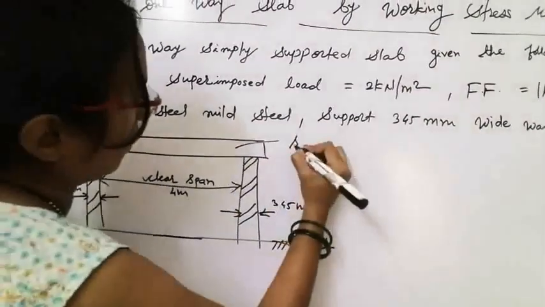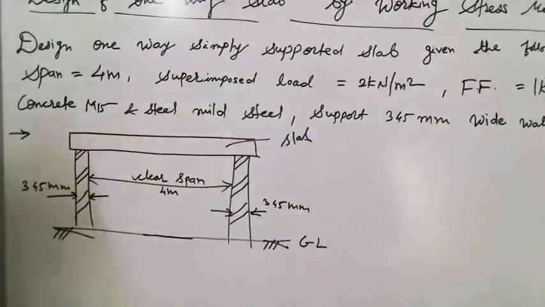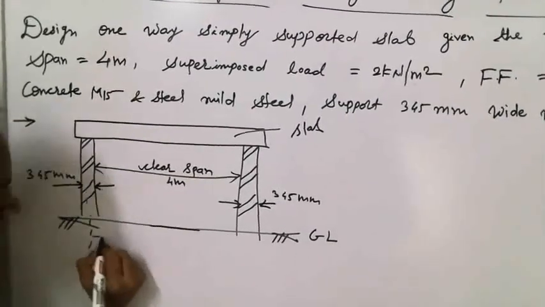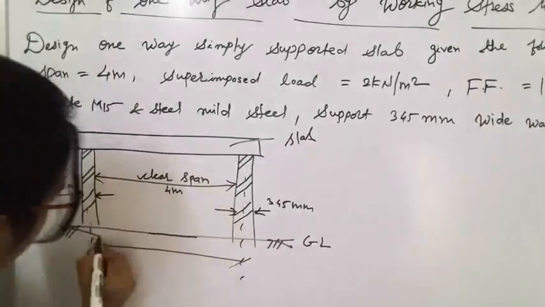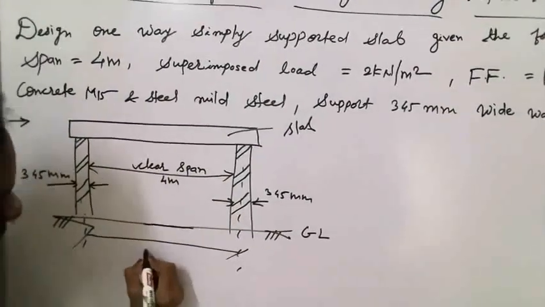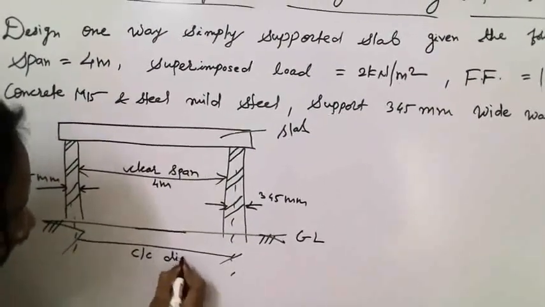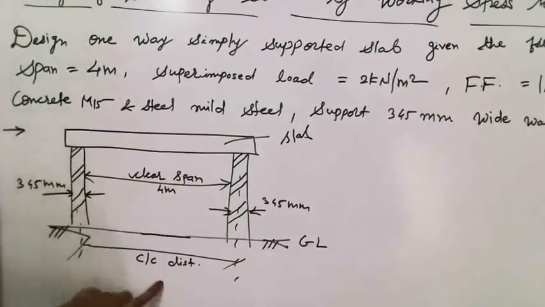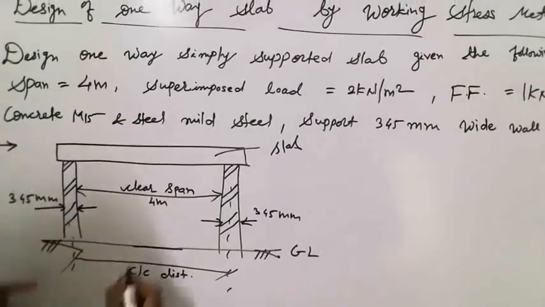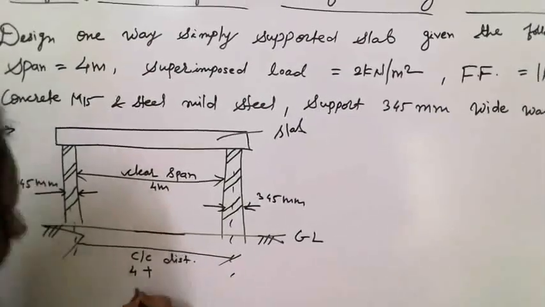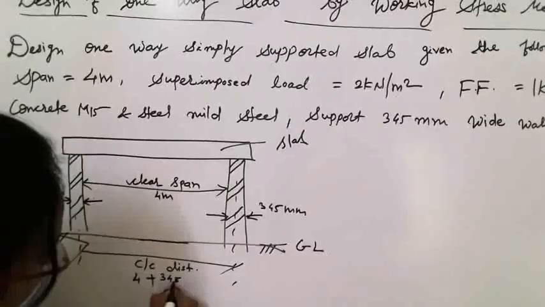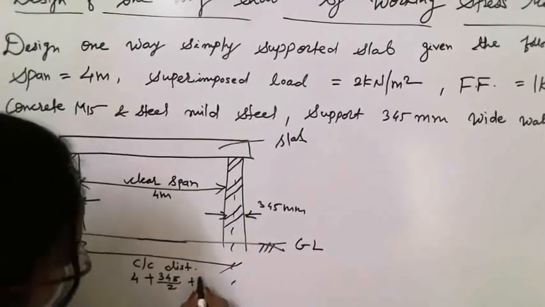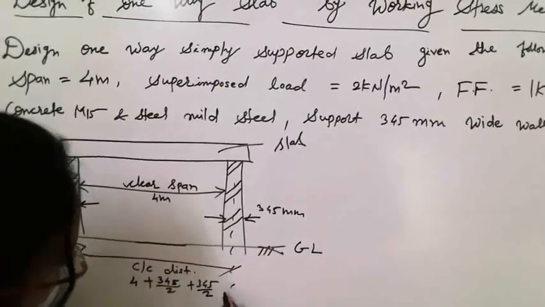This one is a slab. And the center to center distance, how will you get this center to center distance? 4 meter plus 345 by 2 plus 345 by 2.